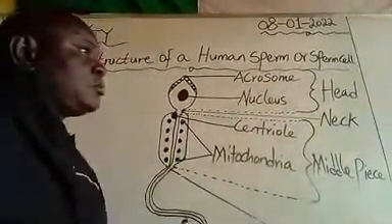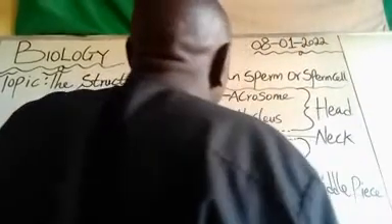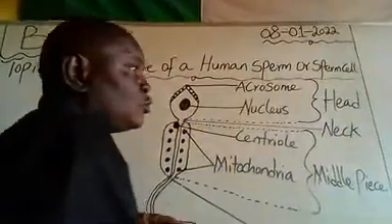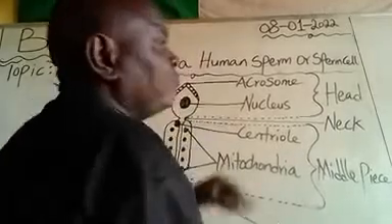Acrosome is a structure at the end of the head of a human sperm.